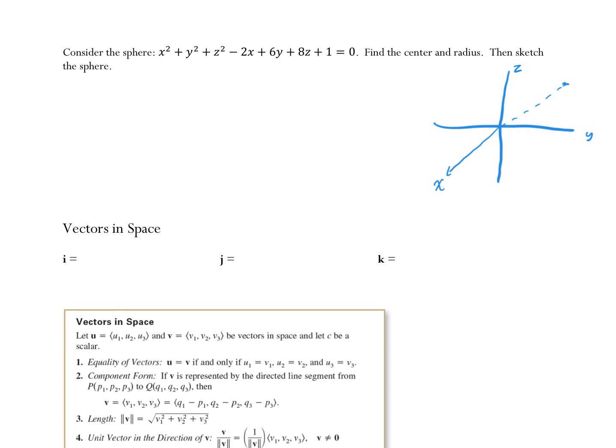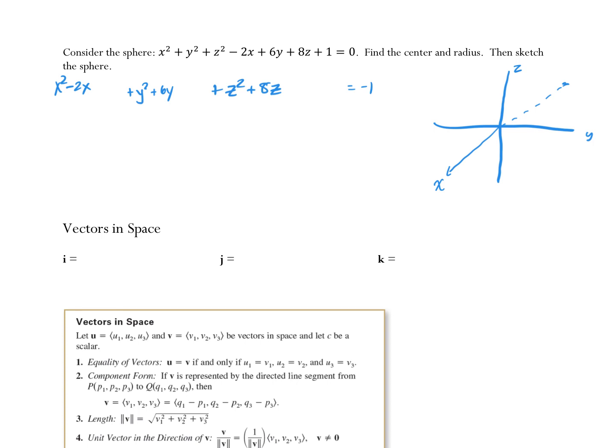Hopefully you guys are feeling pretty comfortable with completing the square. So I might rearrange this into x squared minus 2x, I'm going to leave some space, and then y squared plus 6y, I'm going to leave some space, and then z squared plus 8z, I'm going to leave some space, and then I'm just going to put a -1 on the other side.